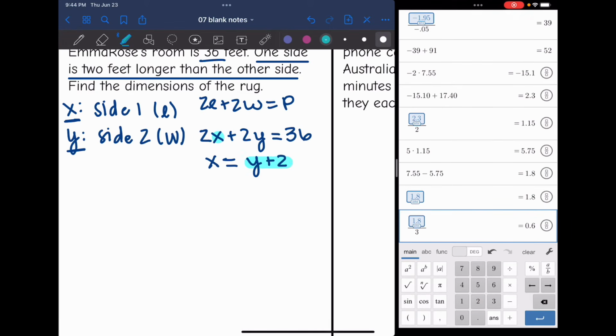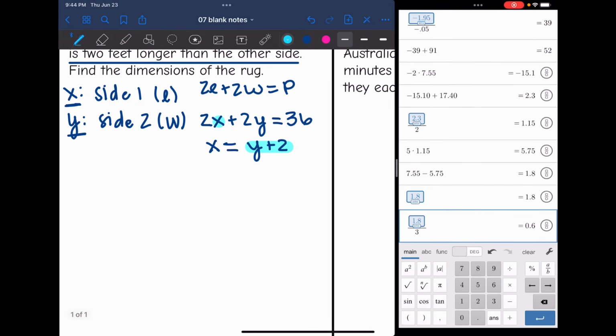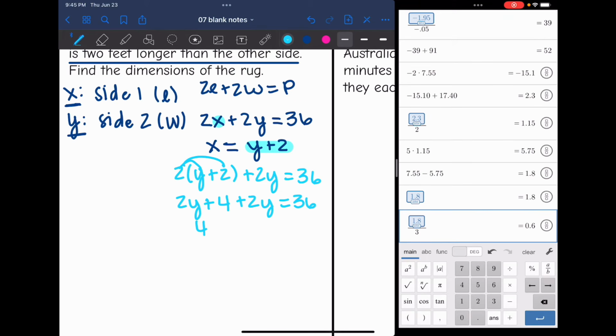So I'm just going to replace x in the top equation with y plus 2. So it'll be 2 times y plus 2 plus 2y equals 36. So 2y plus 4 plus 2y equals 36. So 2y plus 2y is 4y.